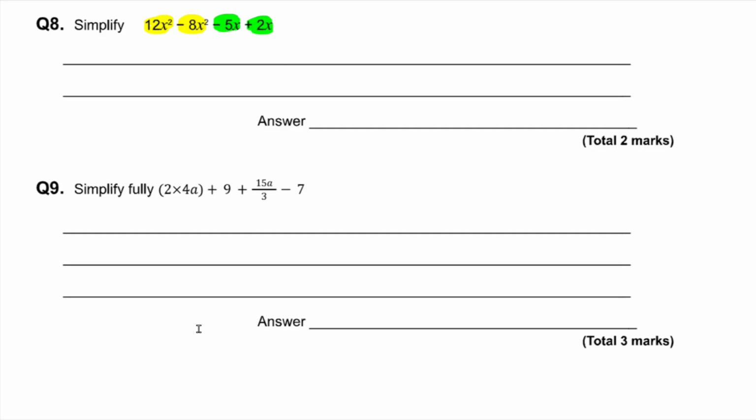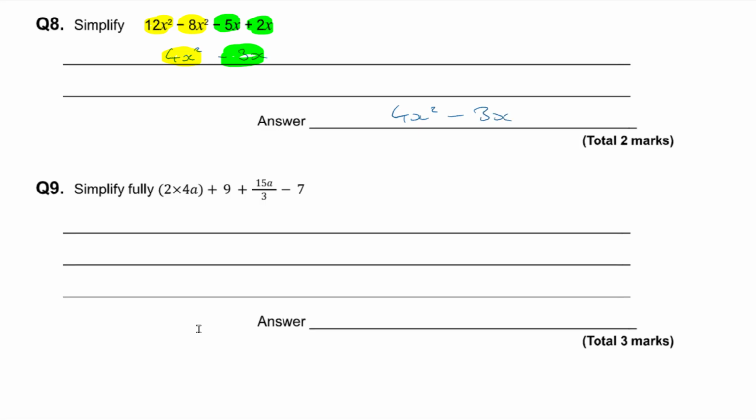So I can combine the terms in x squared. 12x squared minus 8x squared, that's 4x squared, isn't it? And the minus 5x plus 2x, if you start at minus 5 on the number line, you add 2, it's going to take you up to minus 3. So that's going to leave me with minus 3x there.